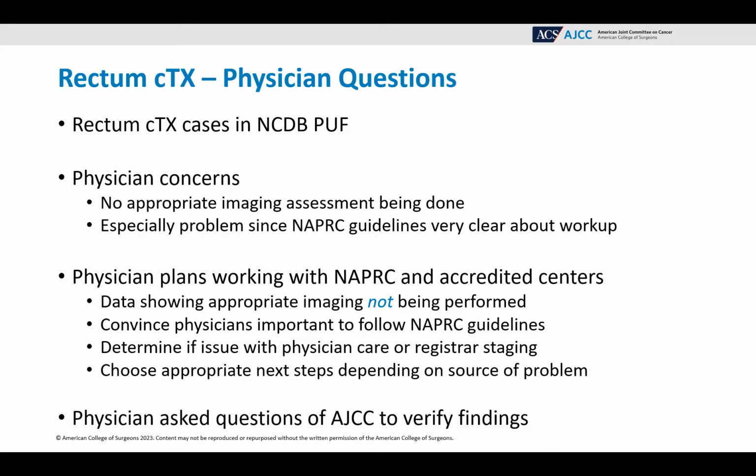So the physician plans on working with NAPRC and the accredited centers because the data was showing the appropriate imaging was not being performed, to convince these physicians that it's critically important to follow NAPRC guidelines, and also to determine if the issue was truly with the physician care or with registrar staging, and then choose the next appropriate steps depending on the source of the problem. And this could affect the accreditation of some of these different centers based on the data that was being found.